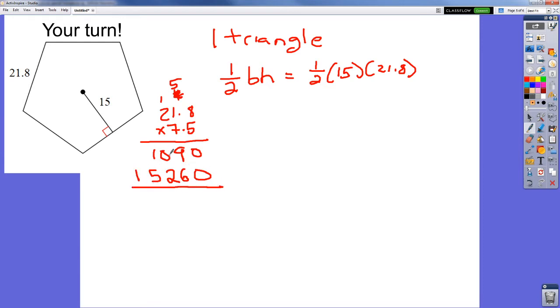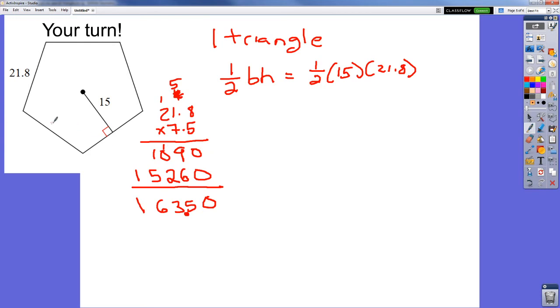And we're going to add down, and remember we have 2 decimal places down here, so our final answer is going to be represented by having 2 decimal places. I'm just going to add 9 times 6 is 15, 1 plus 2, we've got 3, 6, 1, 2 decimal places. And so this is the area of one triangle, 163.5.